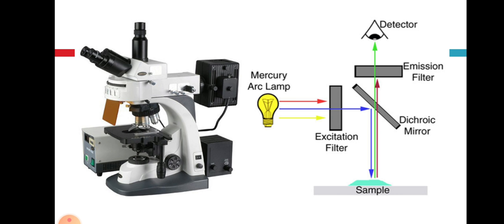The blue light is sent to the sample. The sample receives the blue light and sends back green light through the dichroic mirror. This dichroic mirror allows only green light to pass through it and prevents any remnant blue light. And this green light is received by the emission filter directed to the detector.